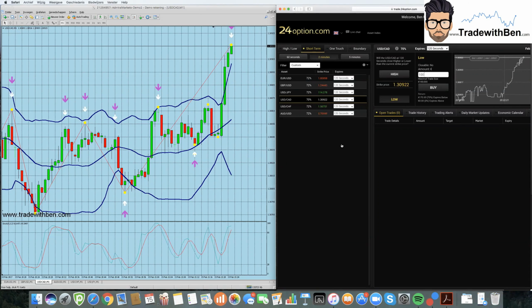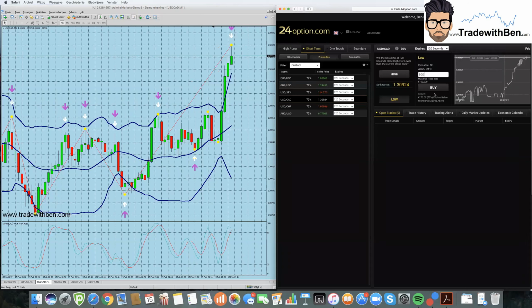And actually, I think that there is now a reversal coming up right now. Let's see. Just waiting for the reversal over here because it should. Yeah. This is going to reverse right now.